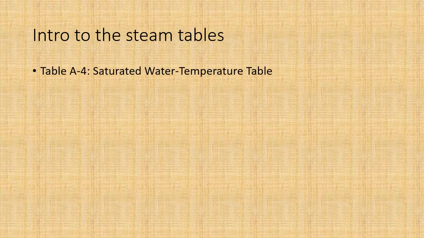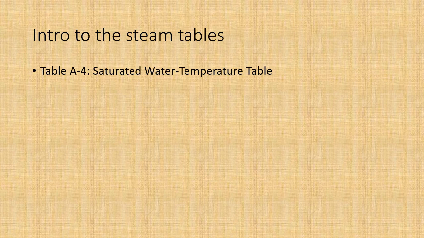Now, let's look at the tables themselves to understand how to read the values from them. There are three tables we use. The first one is table A4, the saturated water temperature table, which lists specific properties of saturated water for various temperature values.